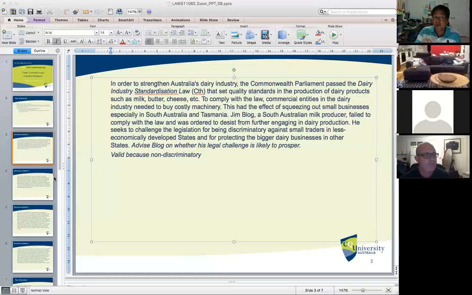Even though the law does not explicitly talk about trade, it is in fact difficult to imagine, as pointed out by Nicholas, that you talk about the production of dairy products without actually talking about trading dairy products. So when you say trade, you're actually talking either of selling it or marketing it. So that's part of trade and commerce.